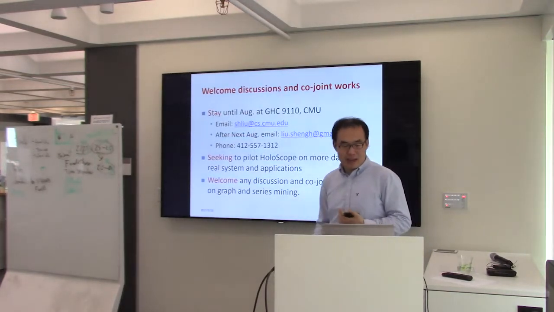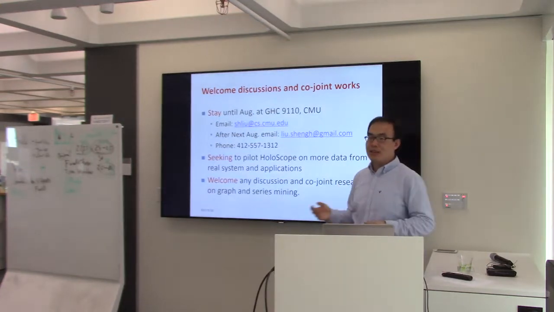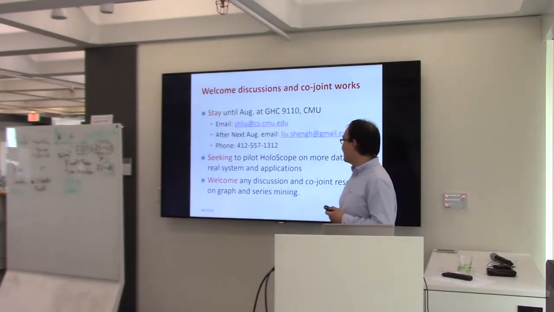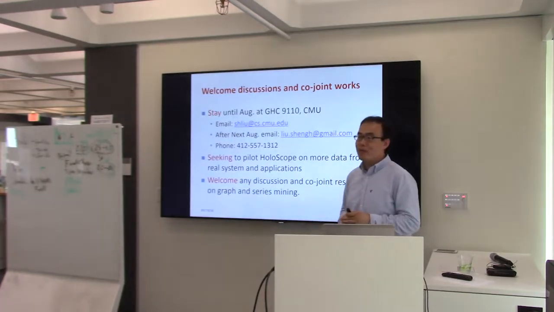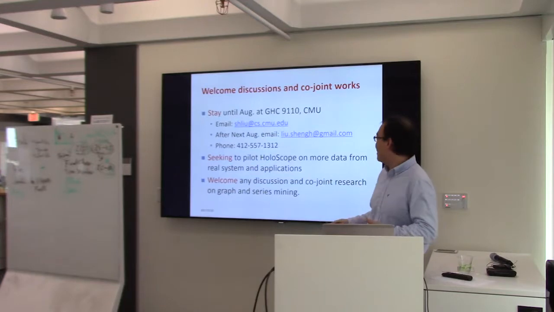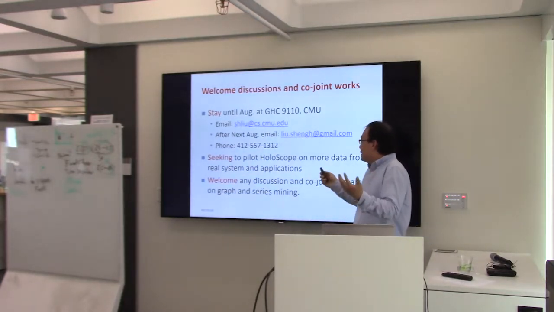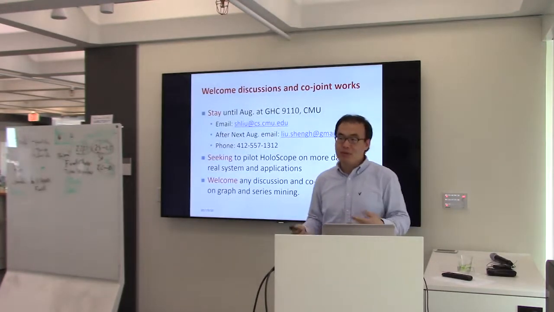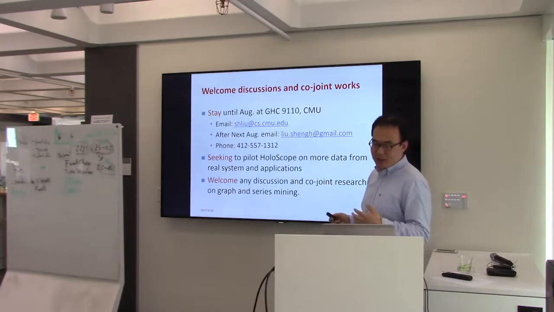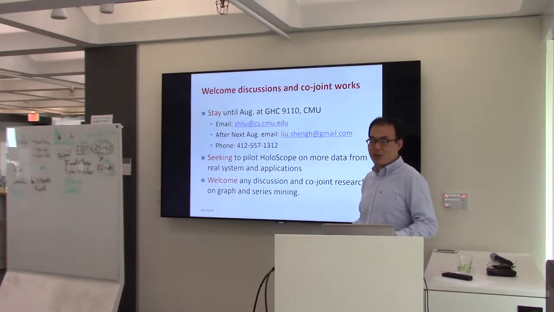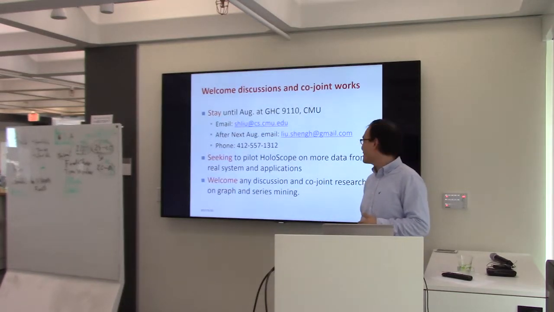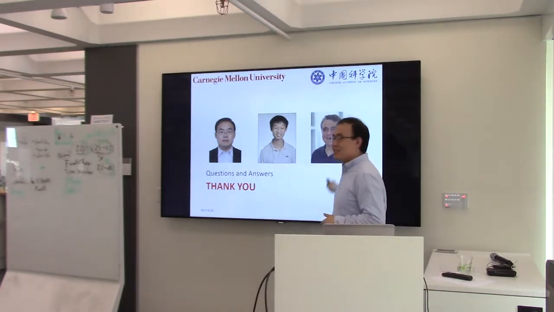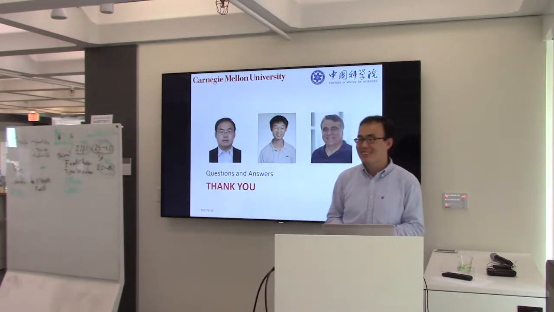I'm visiting CMU and will stay until the end of this August. This is my contact information. I would also be glad to try HoloScope on more data from real systems, if you are interested, and I welcome any discussions or joint research on graph mining. This is one of the authors, Bryan Hooi, and this is Christos Faloutsos. Thank you.